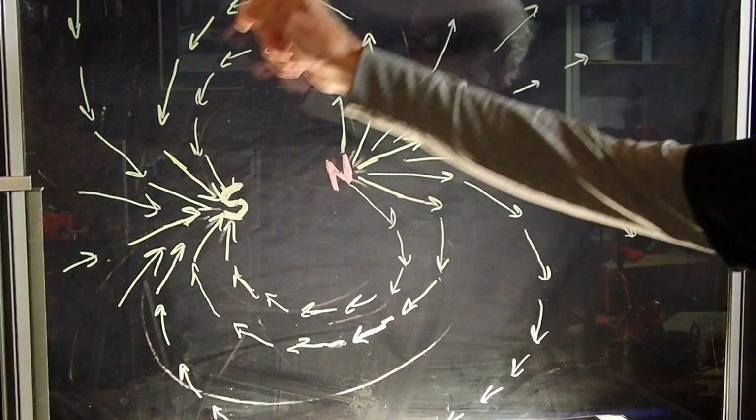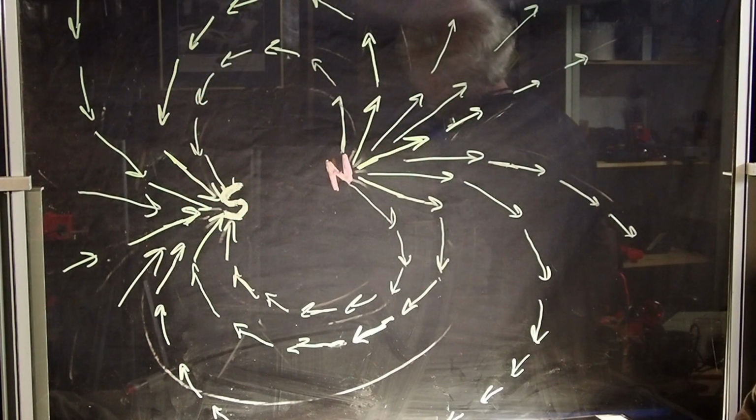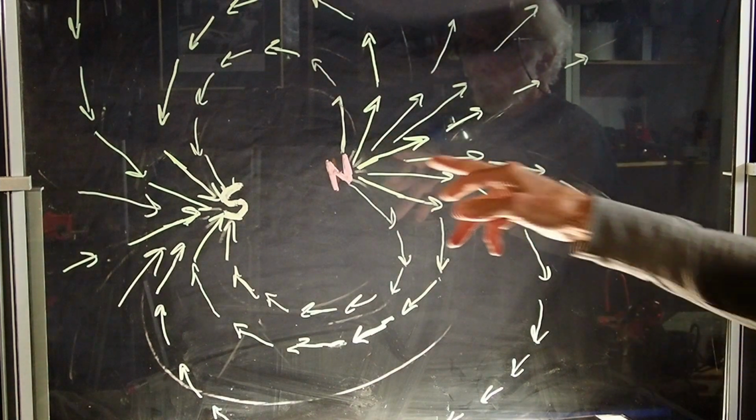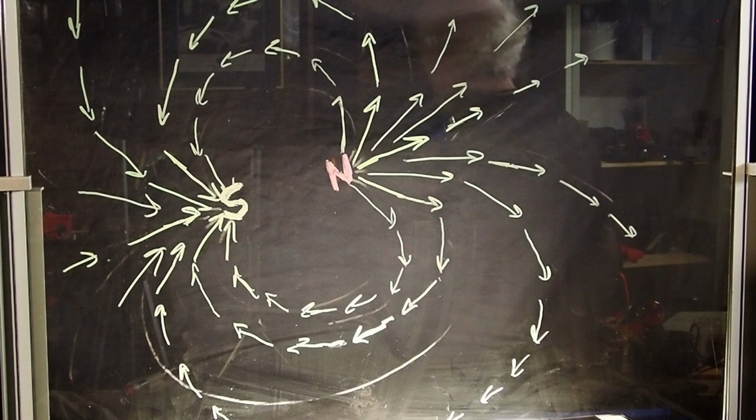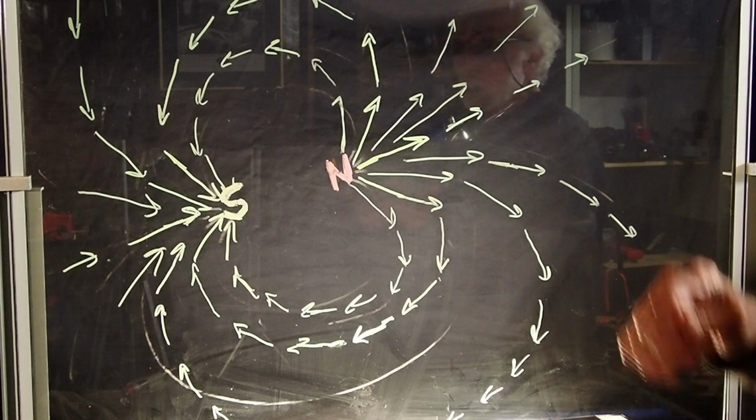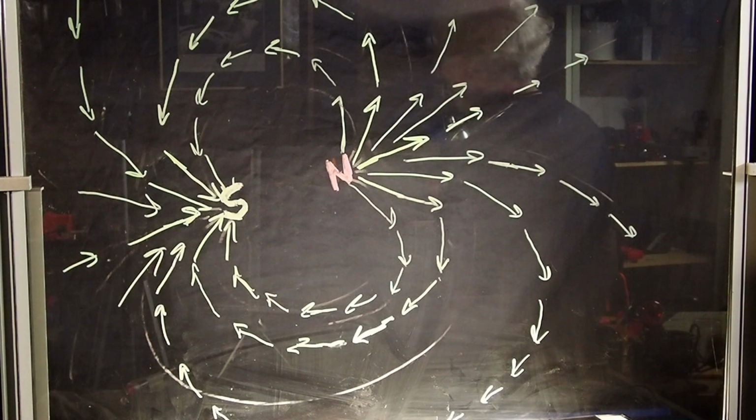And in the case of electric fields, if I put a positive here, the field lines would radiate out to infinity. With a dipole, we have closed loops. We have lines that radiate out from one pole and come around to the other.